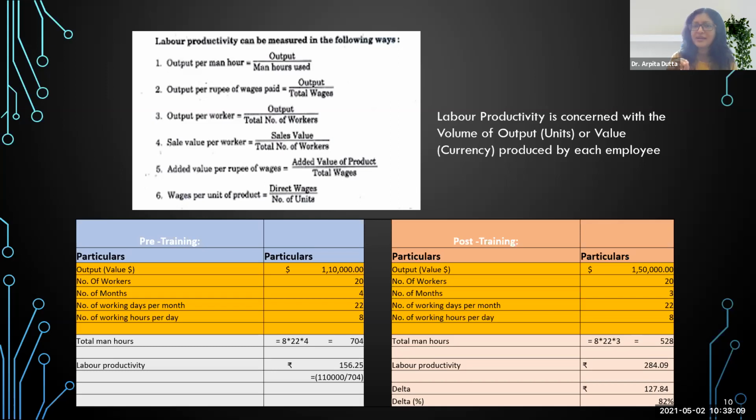So what is the total man hours? 8 into 22 into 4, total man hours into 20. What is the calculation? 14080.